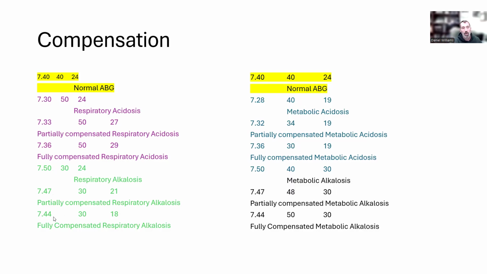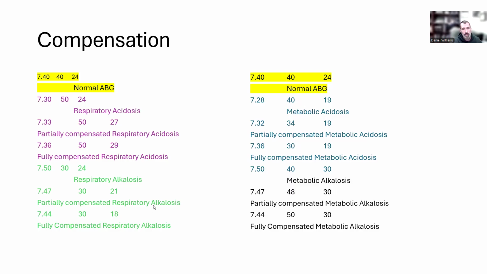So now we are fully compensated because that pH is within that 7.35 to 7.45 range. The CO2 stayed where it was, but the bicarb has now reduced low enough to bring that pH back down within normal limits.